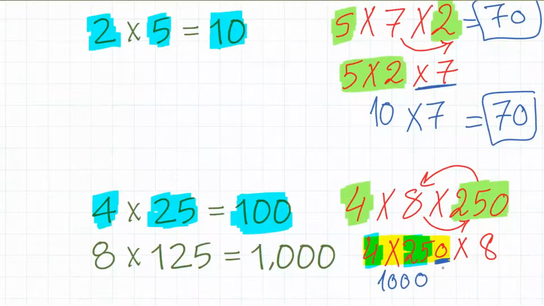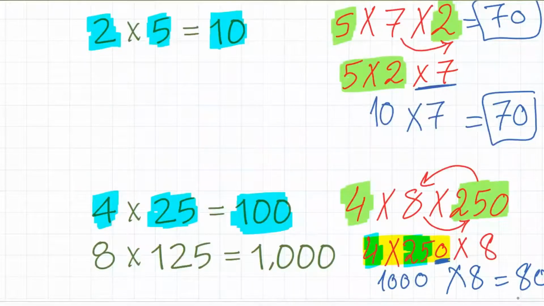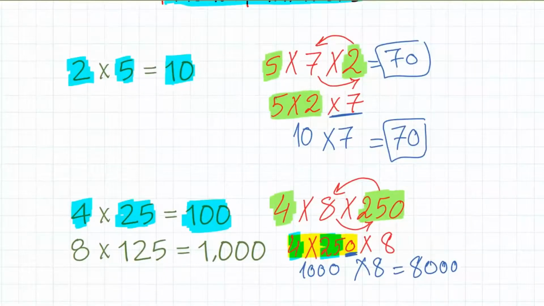So it will be 1000. Multiplied by 8. It's very easy now to multiply. So put the 8 and the 3 zeros like that. So our answer here is 8,000. 4 multiplied by 8 multiplied by 250 equals 8,000.